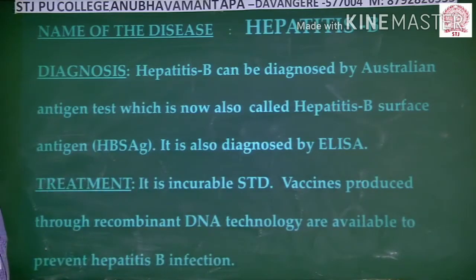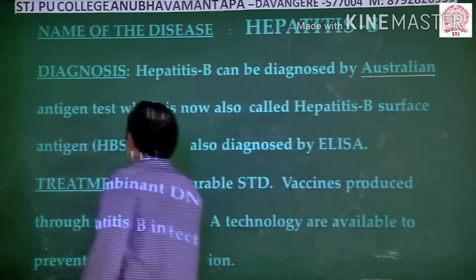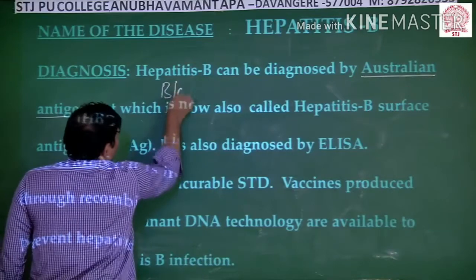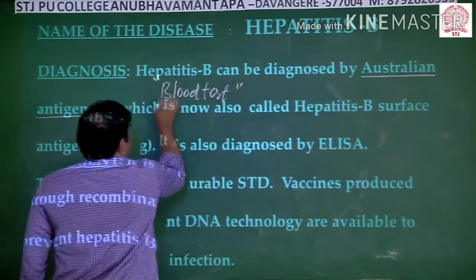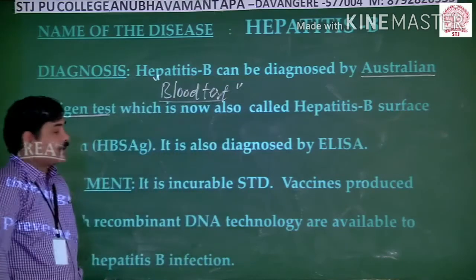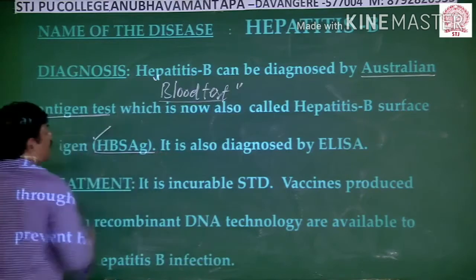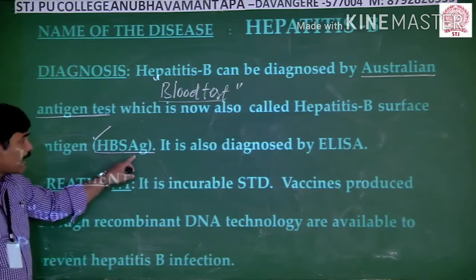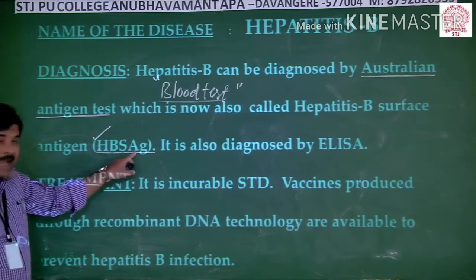There is a specialized blood test available to us, and this blood test is named the Australian antigen test. This Australian antigen test is particularly a blood test, and it is generally used with the abbreviated form HBsAg. HBsAg stands for hepatitis B surface antigen.